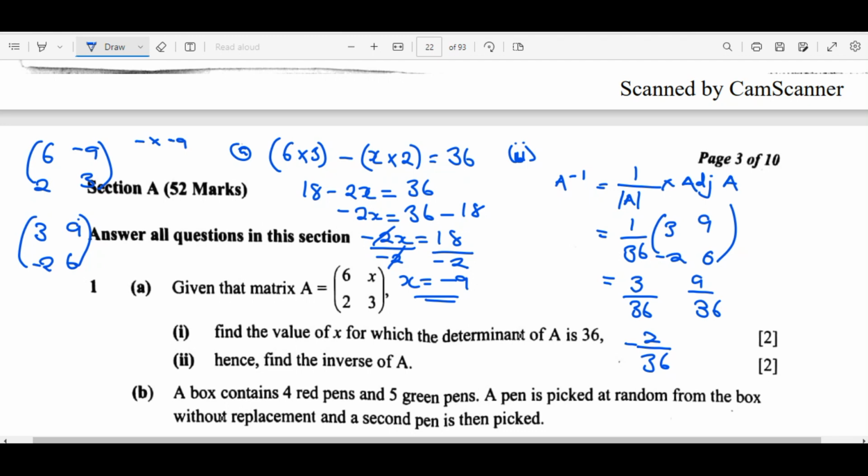Again, when we multiply 1 over 36 by 6, we're going to have 6 over 36 there.